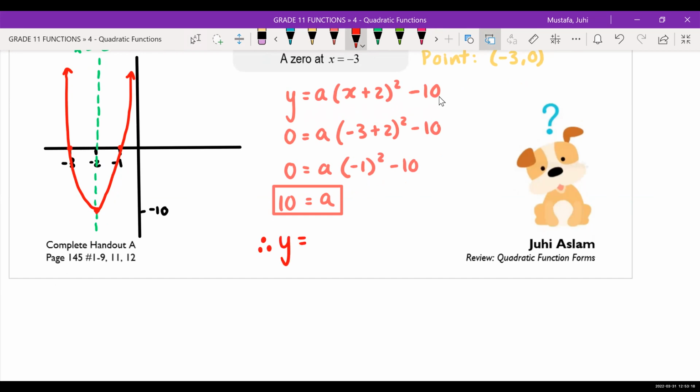So I get my a value to be 10. So therefore, my equation is 10 bracket x plus 2 squared minus 10.